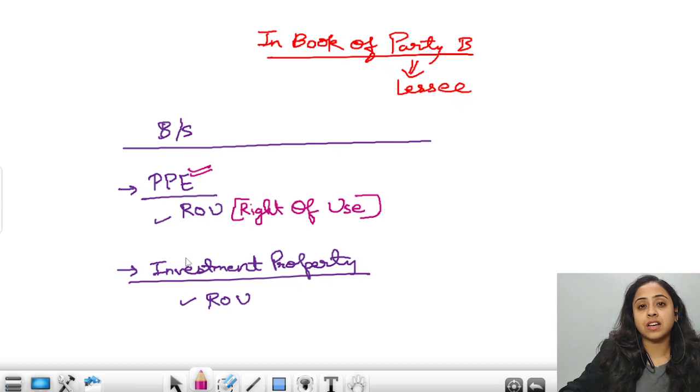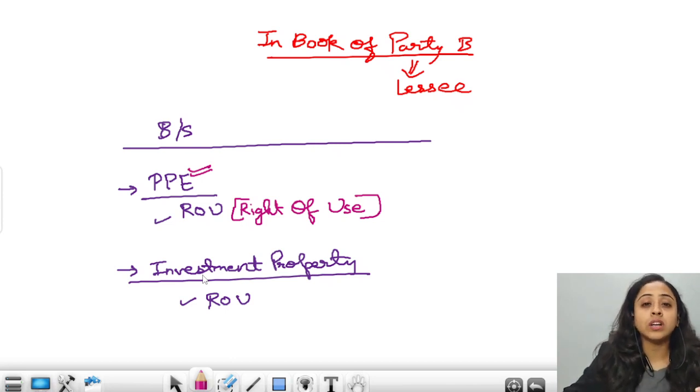Whereas if it is in the nature of investment property, where the purpose of that particular asset is to have investments, rentals and capital appreciation and all, then this particular ROU, right of use, will be shown under the classification of investment property. But please note that ROU, right of use asset, will be shown separately. Are we good? Now it is allowed to be recorded in the books, and how to present it in the balance sheet, we are clear with this.